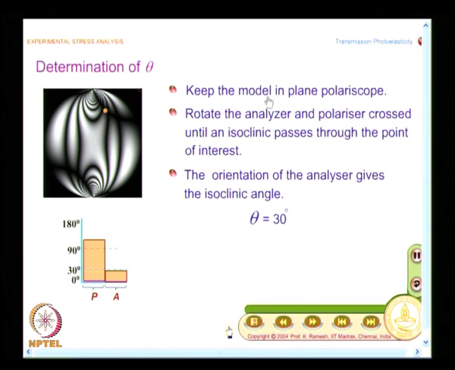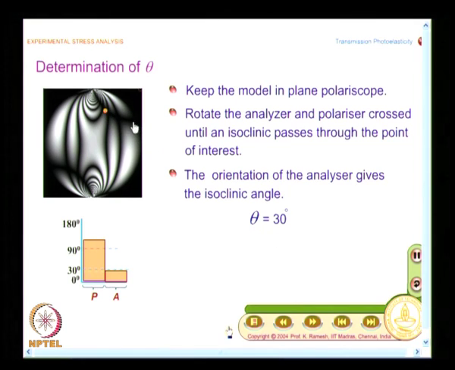So, keep the model in a plane polariscope, and rotate the analyzer and polarizer crossed until an isoclinic passes through the point of interest. The orientation of the analyzer gives the isoclinic angle, because we have labeled the analyzer angle with respect to the horizontal, and that itself directly gives the isoclinic at the point of interest.